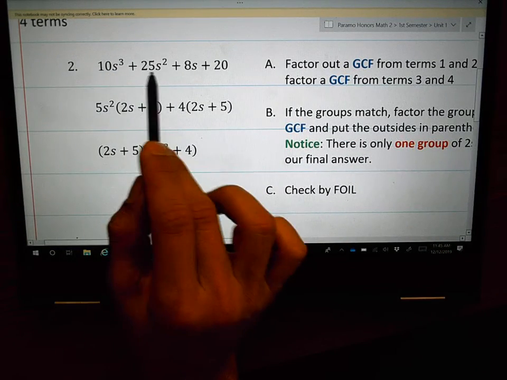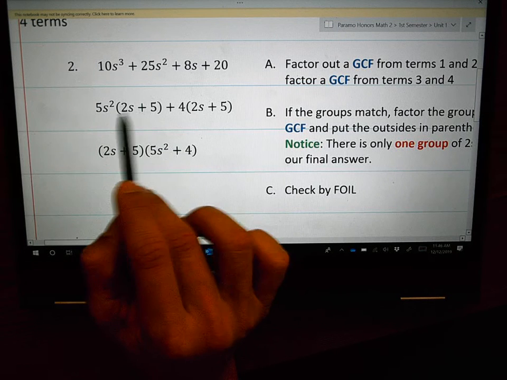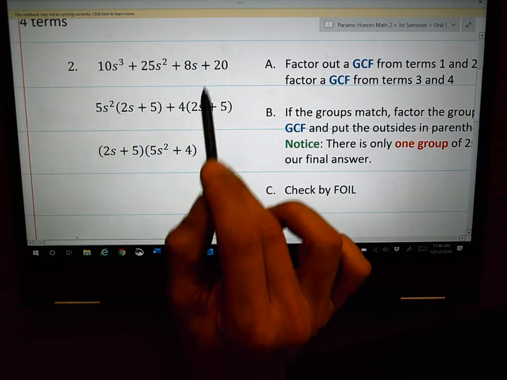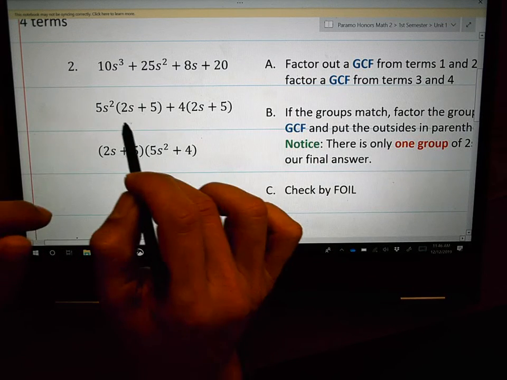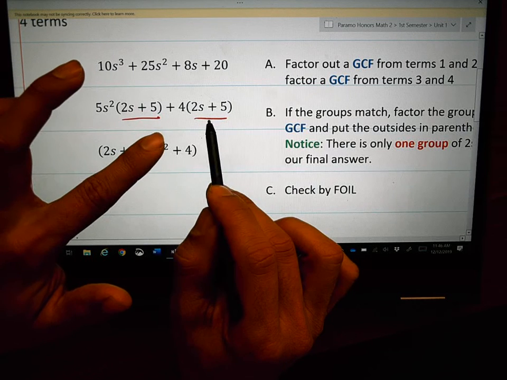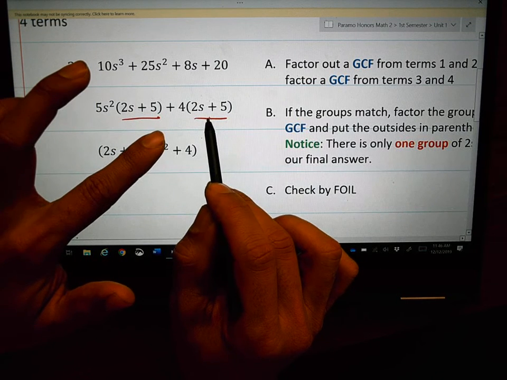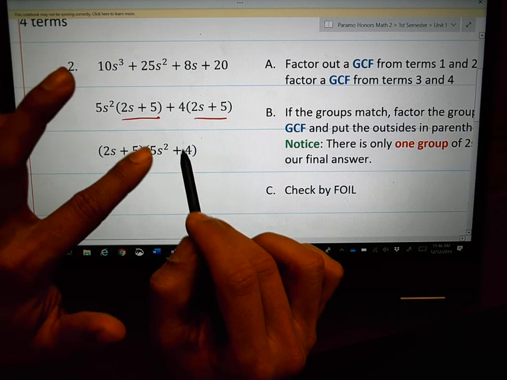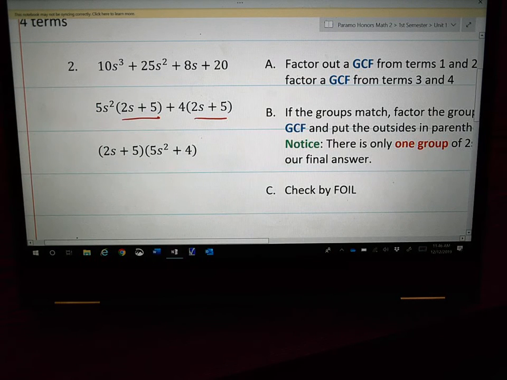You look for a greatest common factor there. You look for a GCF from the 3rd term and the 4th term. And then you see if these 2 groups matched. You could use that as a GCF and put the other 2 terms inside parentheses.